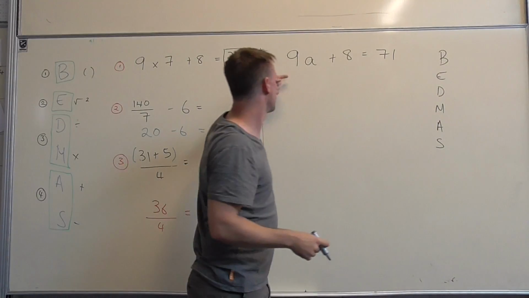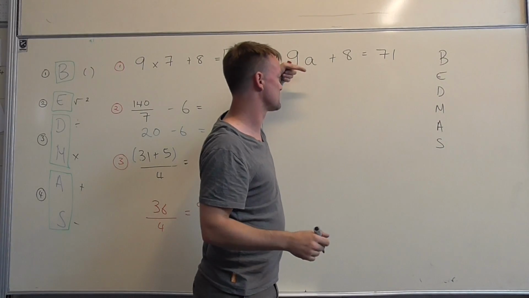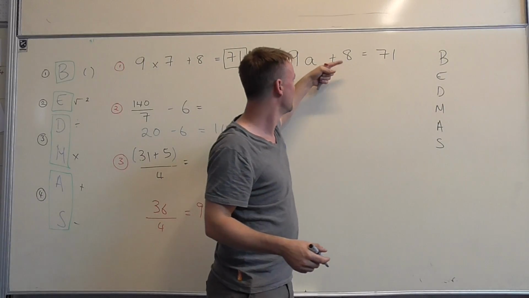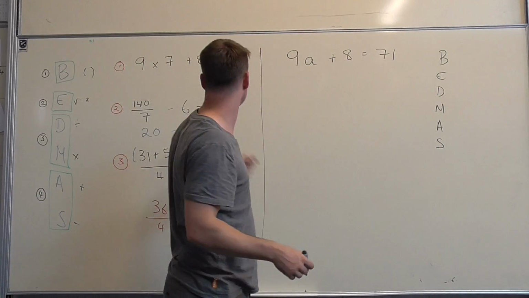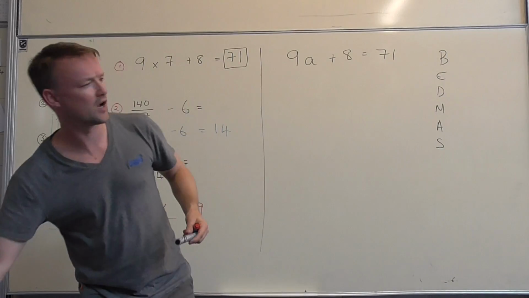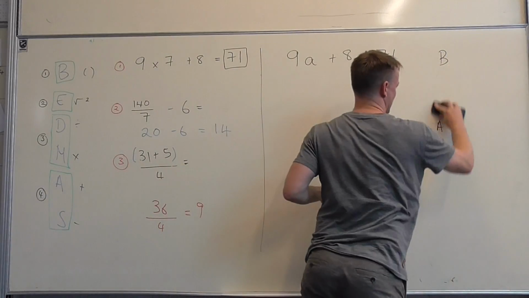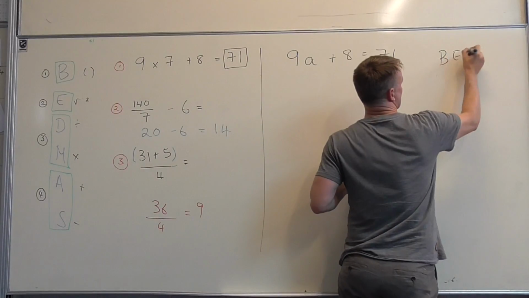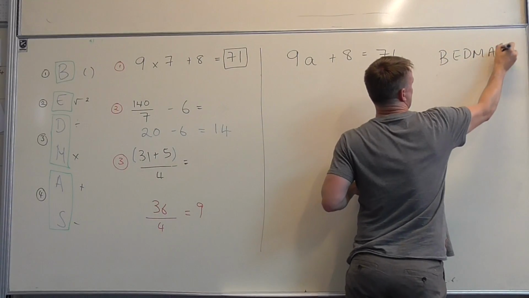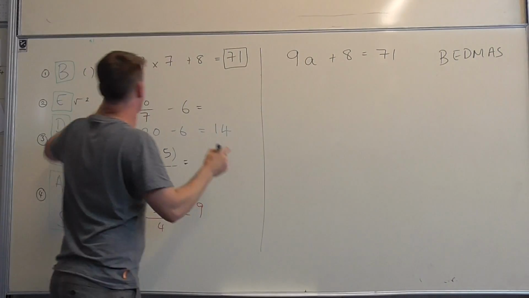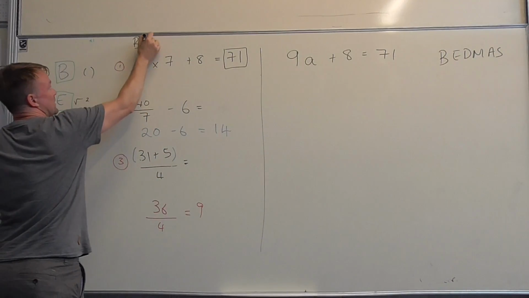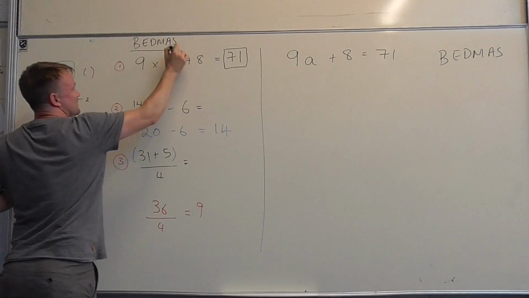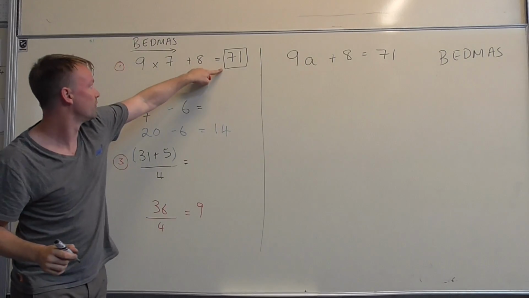So instead of going brackets, exponents, division, multiply, addition and subtraction, which is what we've been doing. Actually, let me change this just around, because that might be a little bit confusing. So let me just write it like I had it previously. And before, on this side, BEDMAS was here, and we worked with BEDMAS to solve the equation.